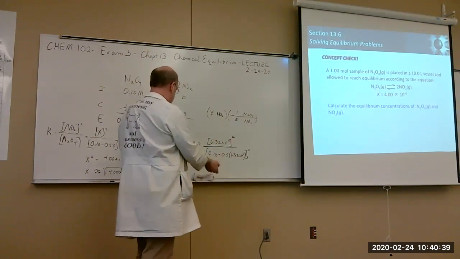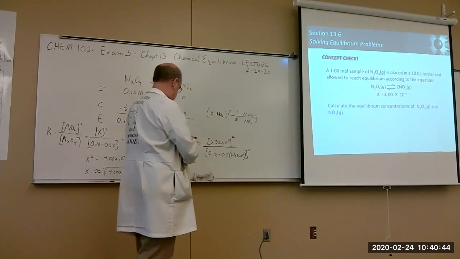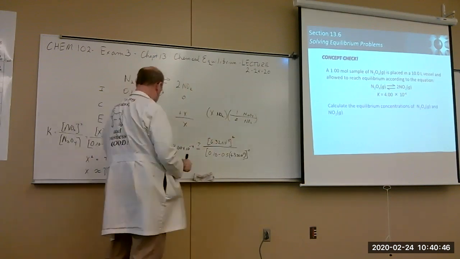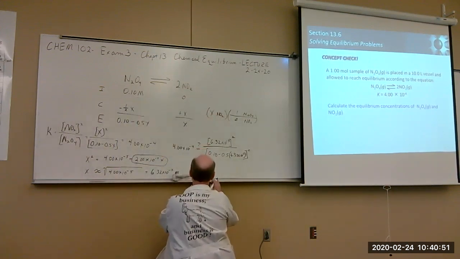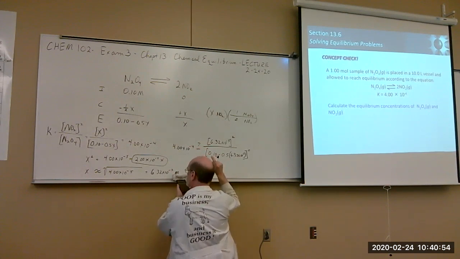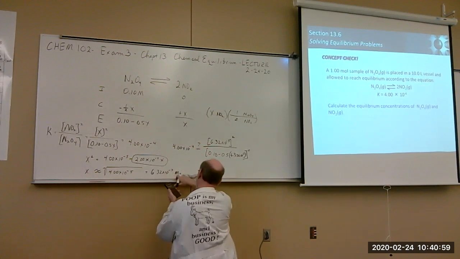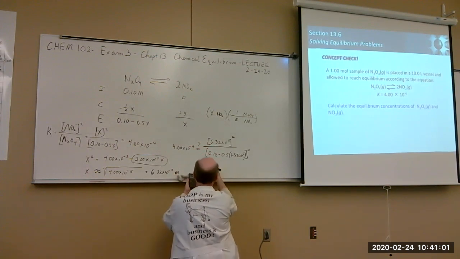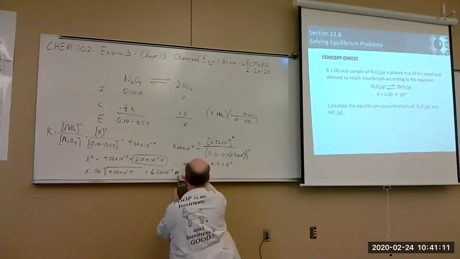I got 4.13 times 10 to the negative 4. Okay, yeah, because I kept the old unrounded number. That's okay. We're close enough. Yeah. So this is 4.13 times 10 to the minus 4.